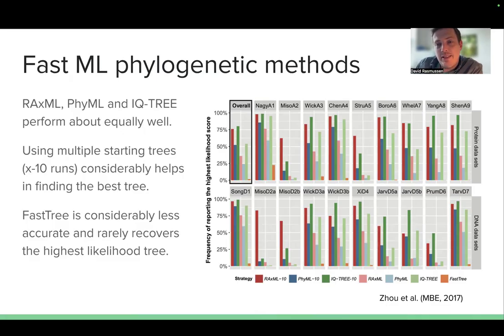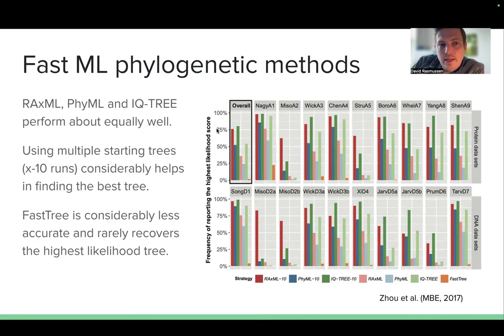So in this case we don't actually know what the true tree is for any of these data sets, but we can see if a given method can find the best possible tree by seeing how often these different methods find the tree with the highest overall likelihood score. The idea, of course, being that the tree with the highest likelihood is most likely to be the true tree.